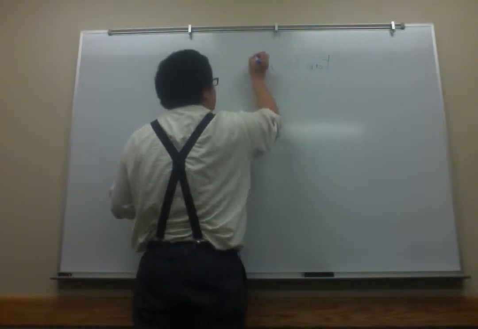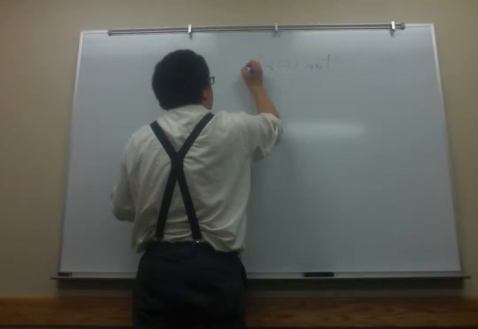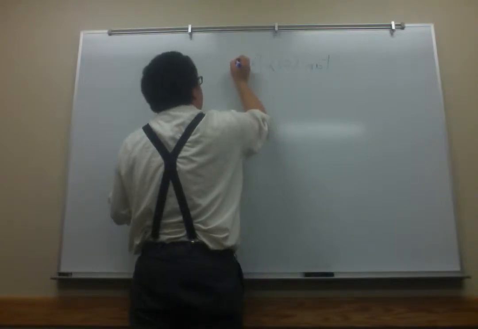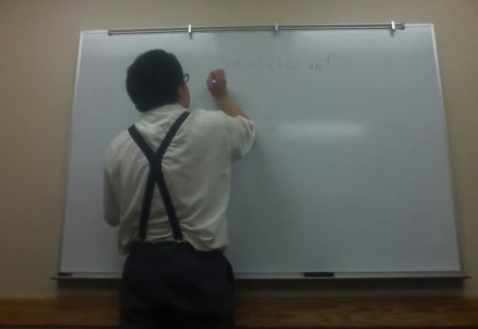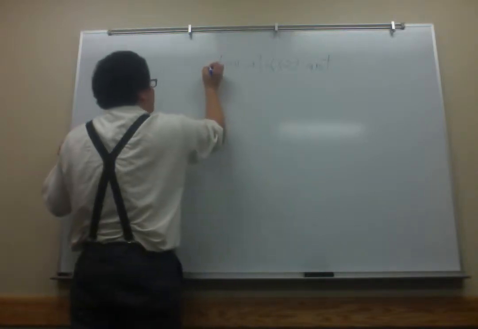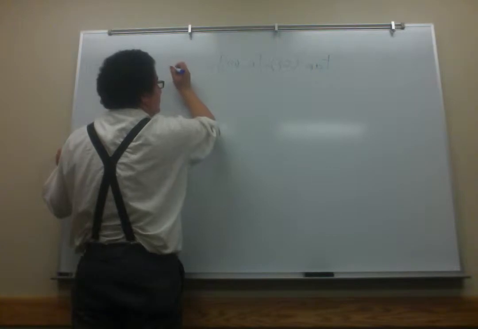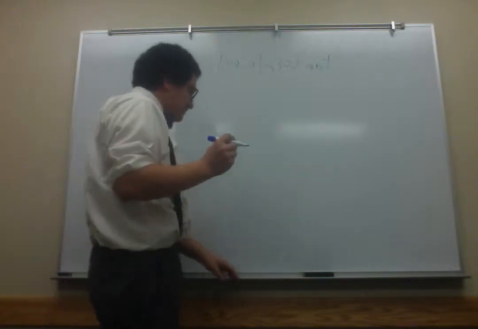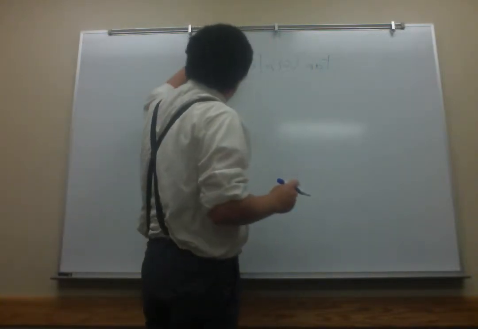Okay. So then what we want is j of -1, 0, 2. Then equals. Actually, I'm just going to put a variable in there instead of a number.